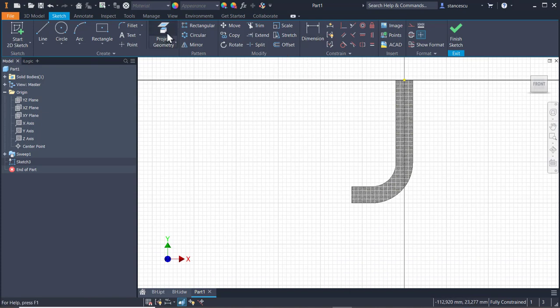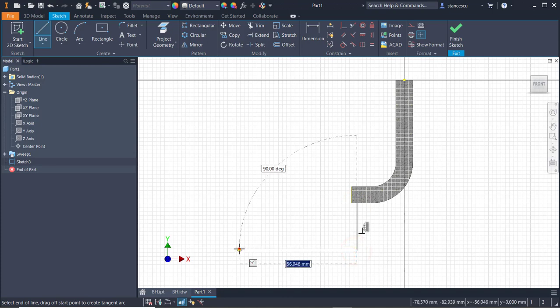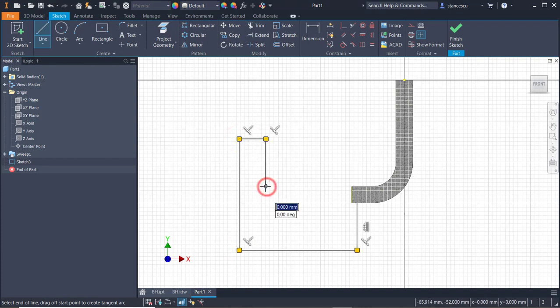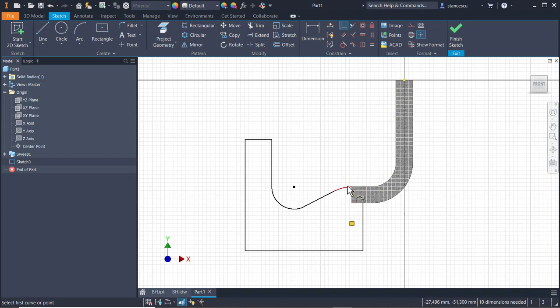We project this end line and we draw some other lines, as you can see. We place coincident this point with this line to be tangent here.